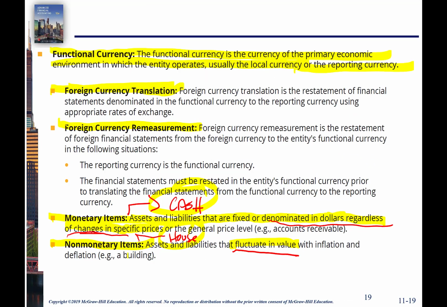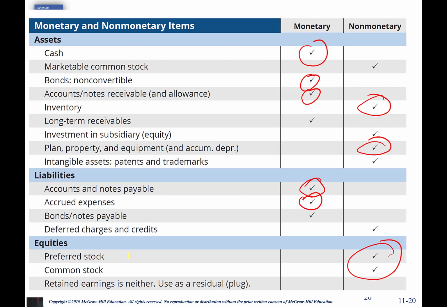Just in case you need a little review of examples of monetary versus non-monetary: cash is the classic example of monetary, but also accounts receivable. Someone owes you $10,000, change in price level, they still owe you $10,000. Then inventory.